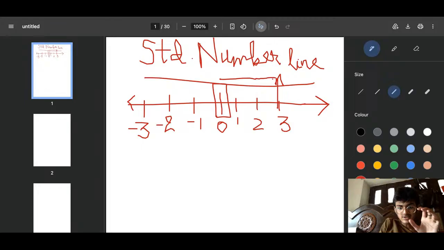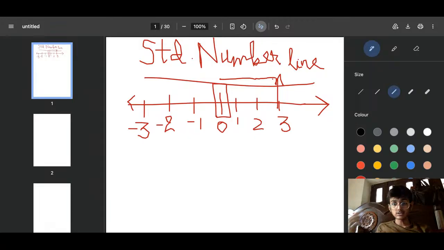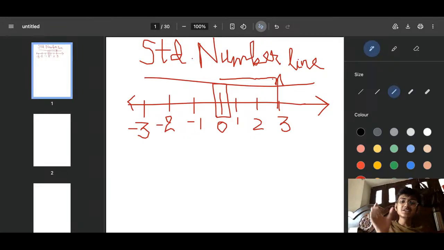So this is one definition of zero, using the integer 3 or any integer you can use. You have to define it the same way, crossing the same infinite numbers. That's it.